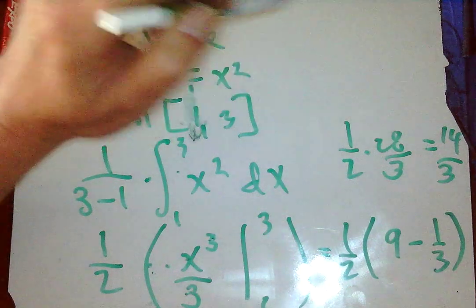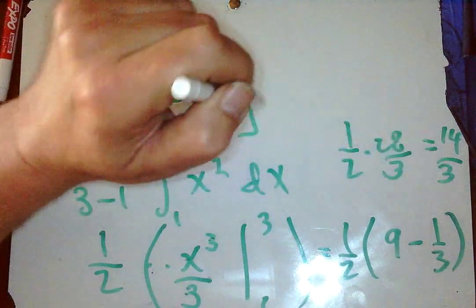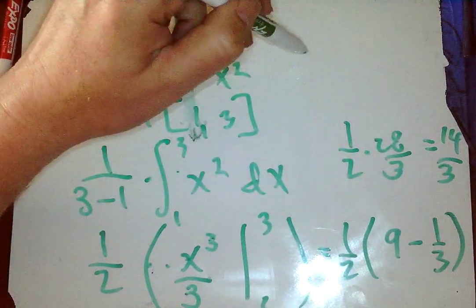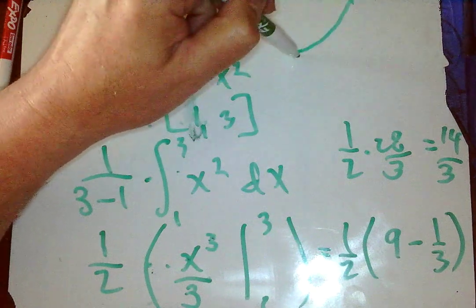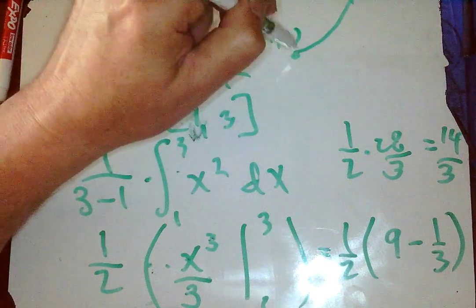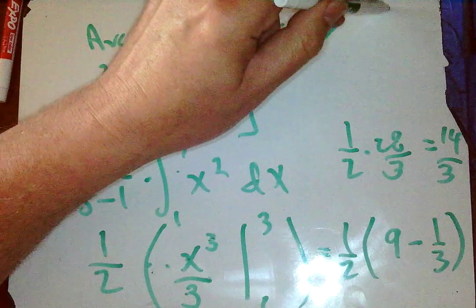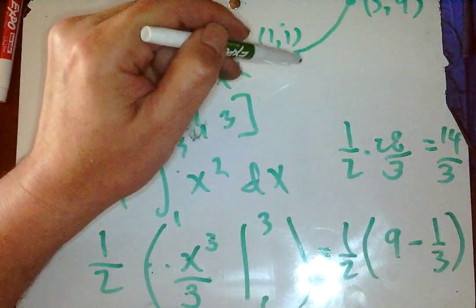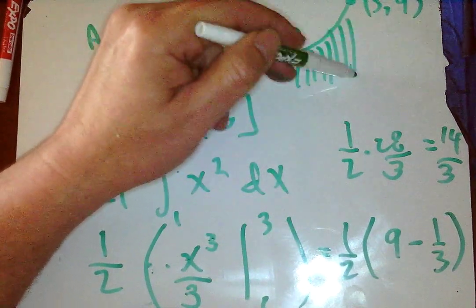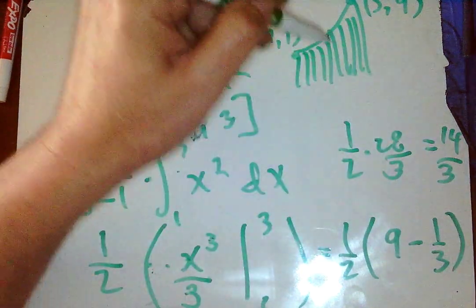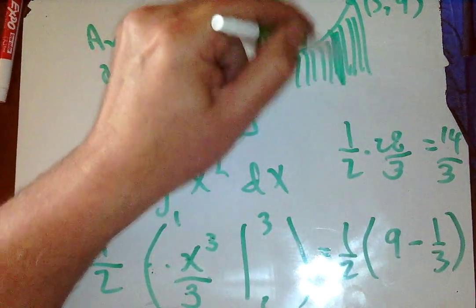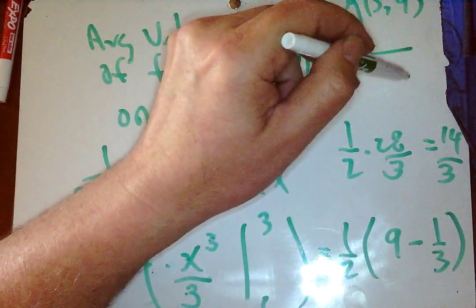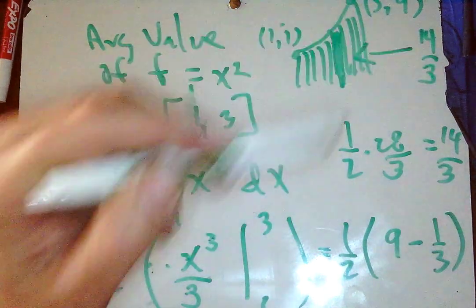All right. So 14 thirds, that's that 4 and 1/3 number again. What I'm saying here is all the heights from a height of 1 to a height of 9, the average of all those heights is going to be this height over here. The average is 14 thirds.